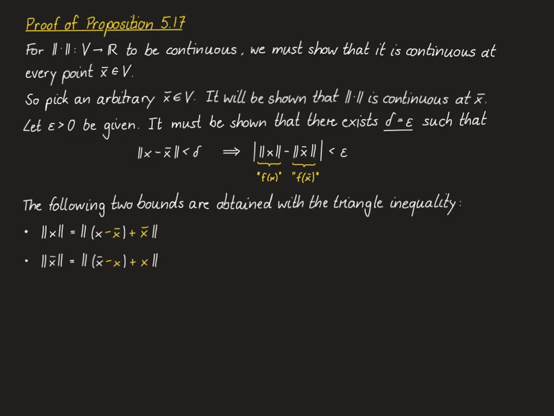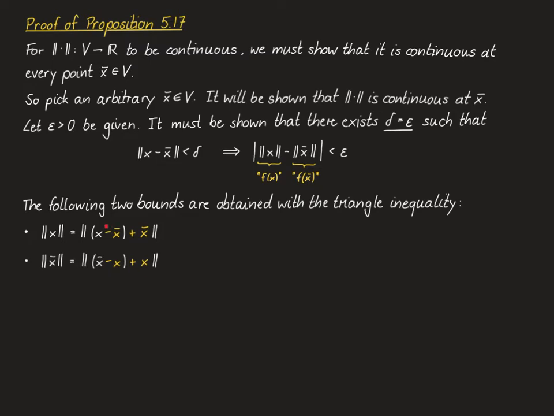Now, the following two bounds can be obtained with the triangle inequality. First, we write the norm of the vector x like this, where we have subtracted x bar and added x bar, and we write the norm of the vector x bar like this, where we have subtracted x and added x.